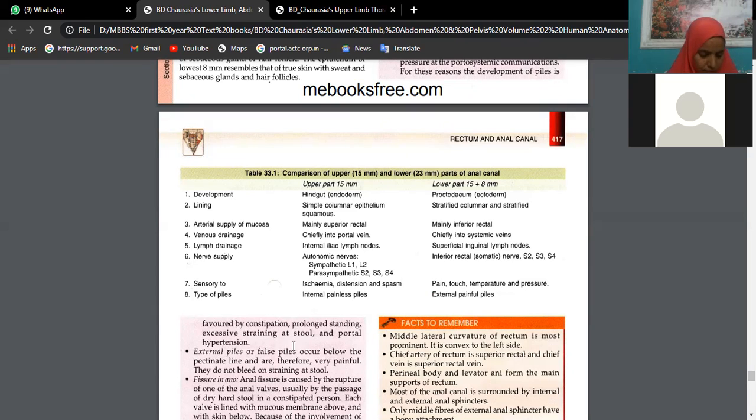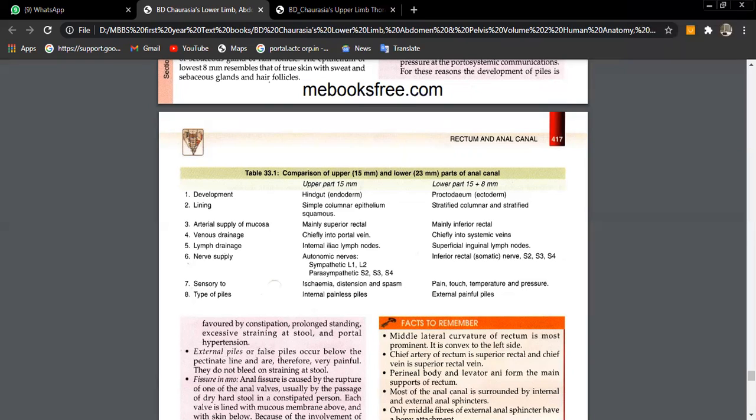Then we have the common bile duct. I will first finish off abdomen questions. Okay. Tell me something about the common bile duct. How is it formed? Tell me.